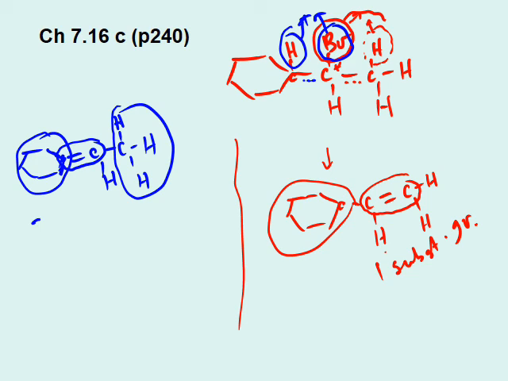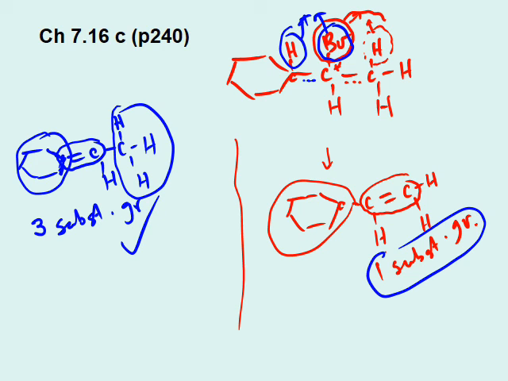So it'd be acting as a 3 substituent group. And in the first case, it was 1 substitution group. Obviously this would be the most favored product in between these two, and that's called Zaitsev's rule, which goes by branch points or number of substitution groups attached to the carbon-carbon double bond.